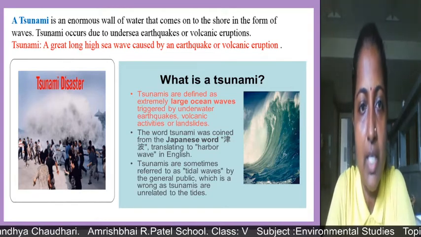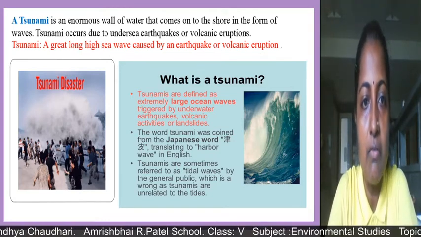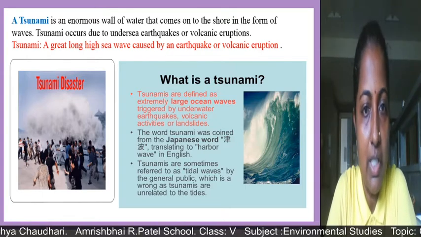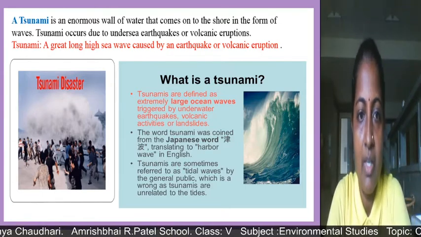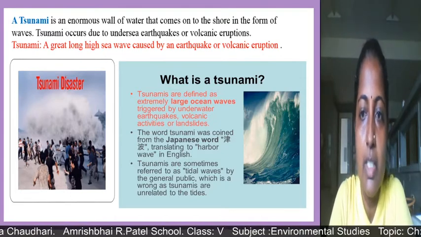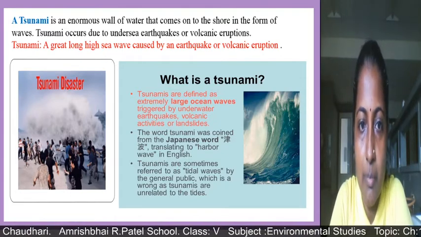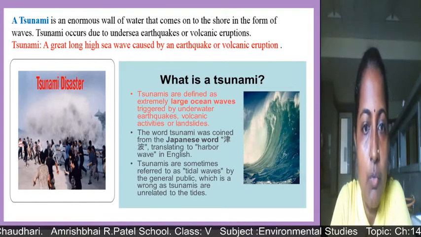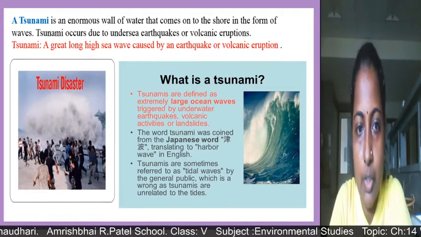Tsunamis are defined as extremely large ocean waves triggered by underwater earthquakes, volcanic activities or landslides. The word tsunami was coined from a Japanese word, where the T is silent, translating to harbor wave in English.